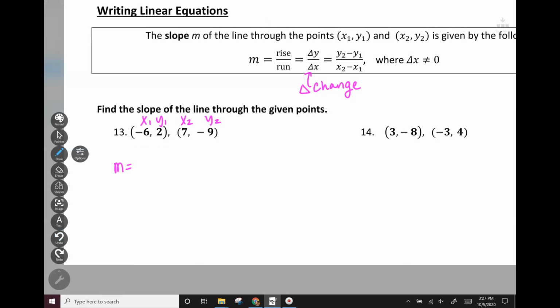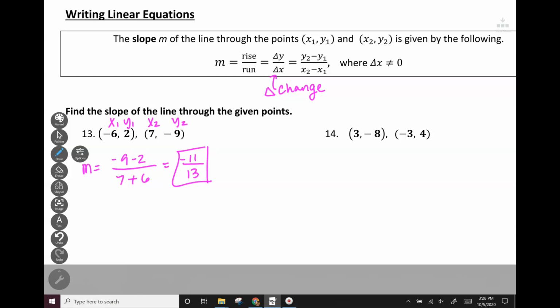Okay, so we're going to plug those in. y2 minus y1, that's going to be -9 minus 2. x2 minus x1 is 7 minus -6. So that's -11 over 13. Excellent. Let's try it again.